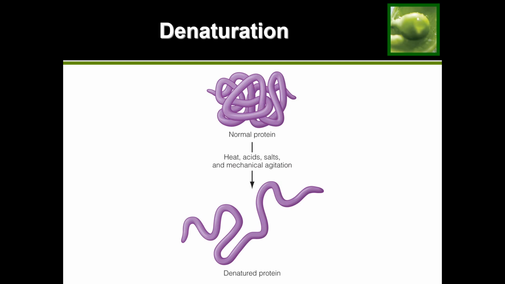So again, just to recap, the reason that we weren't able to begin digestion until we reached the stomach is because up until now we didn't have acid to denature it, and until it's denatured, the enzymes are not going to have full access to it and they're not going to be able to break it down.